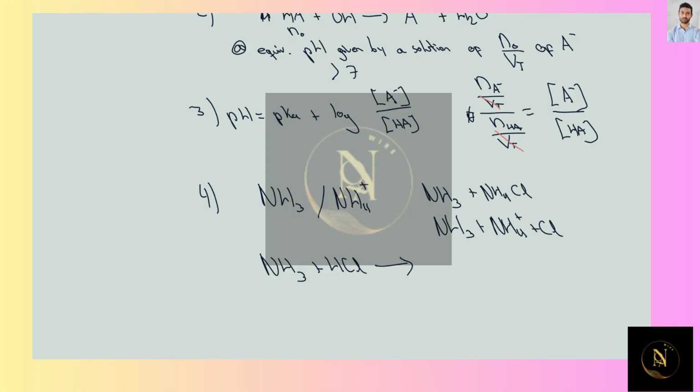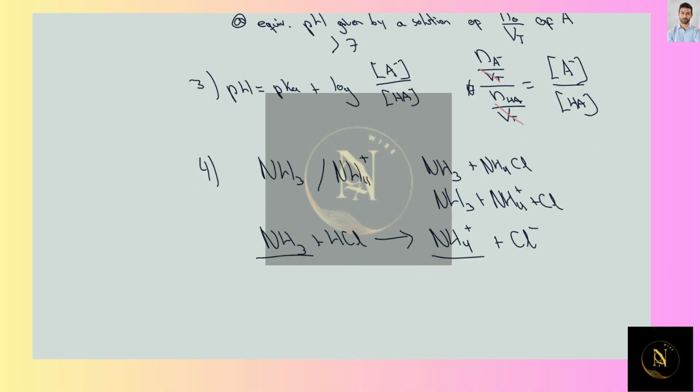The reaction of these reagents is going to produce NH4 plus and Cl minus. So we have the pair NH3, NH4 plus. And finally, NH3 is not going to be able to react with the hydroxide, so that is why the last one is not going to constitute a buffer.